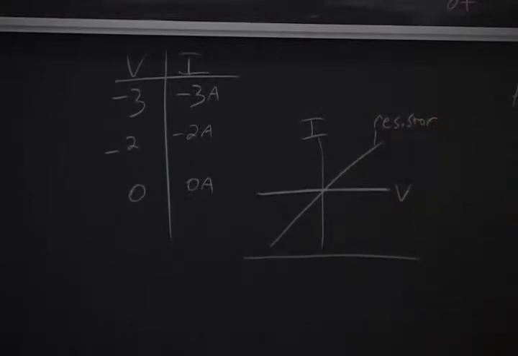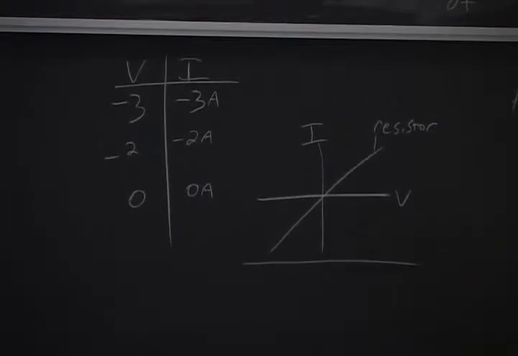If we change resistors, we put a different circuit instead of a resistor, what are we going to see here? A different IV characteristic, right? So someone was asking me, what's the IV characteristic of an inductor or a capacitor? And the answer is they don't really have an IV characteristic. What do they have? They have an IDV characteristic, or DIV characteristic, right?